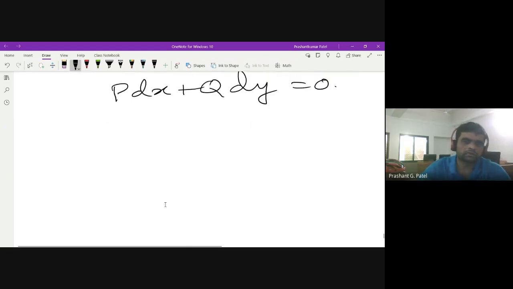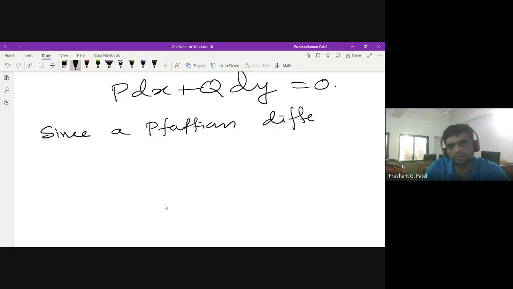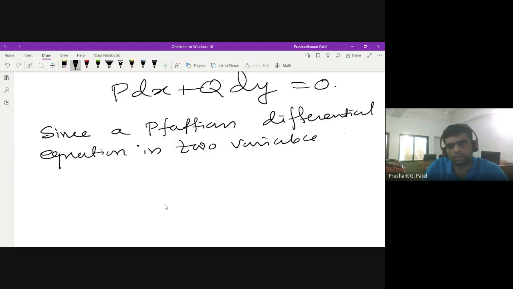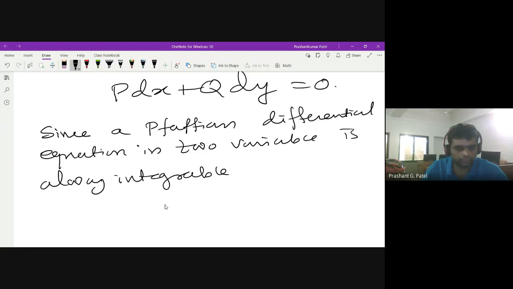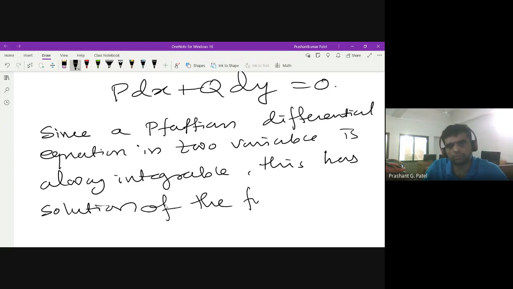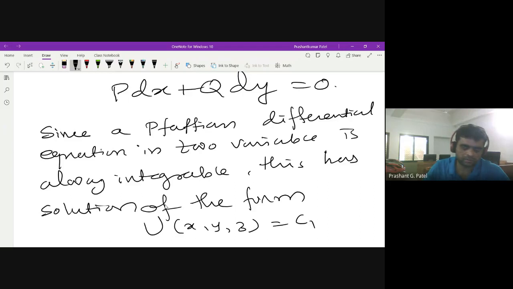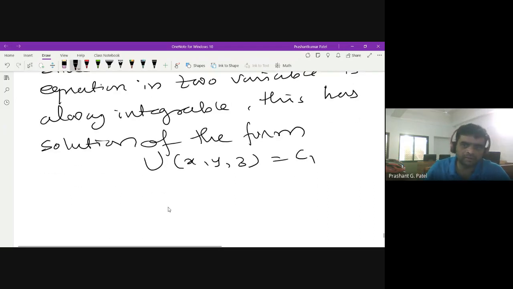Okay. So since a Pfaffian differential equation in two variables is always integrable, this has a solution of the form u of xyz equal to some constant C1, where C1 is a constant.